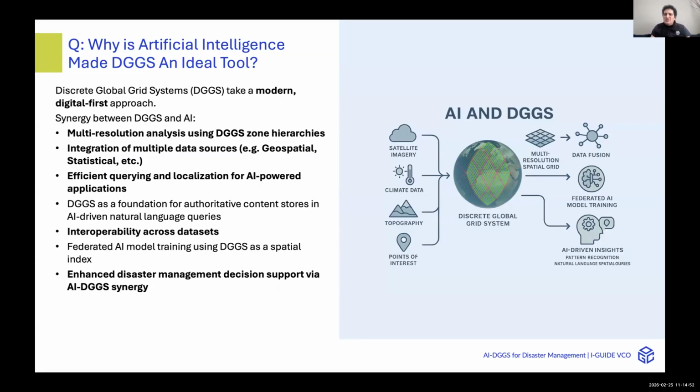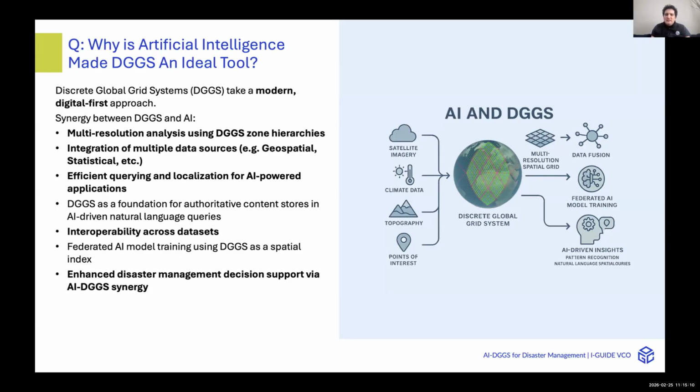Your AI doesn't need to calculate in the back end the complex calculations regarding the coordinate reference systems. You can do data fusion, you can have federated AI models, and at the end of it, you can have AI-driven insights.